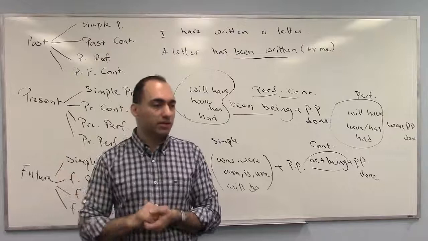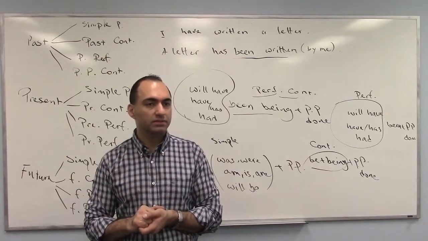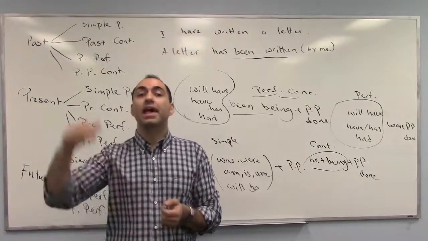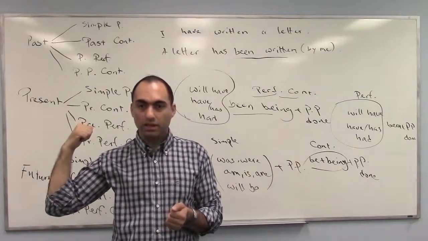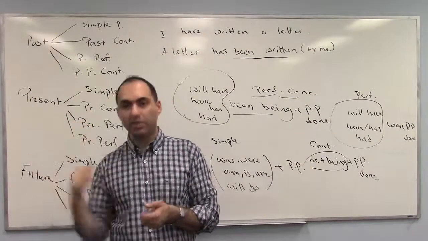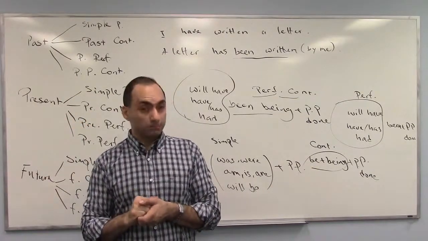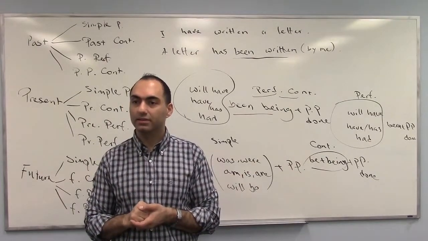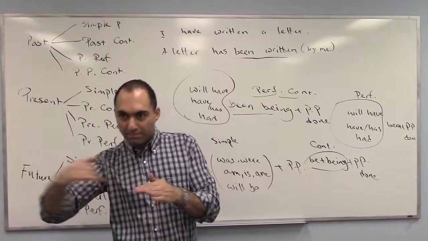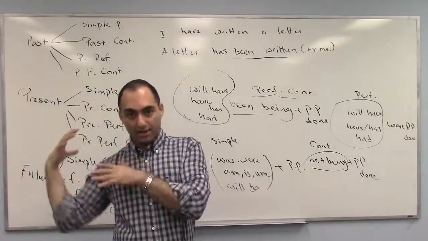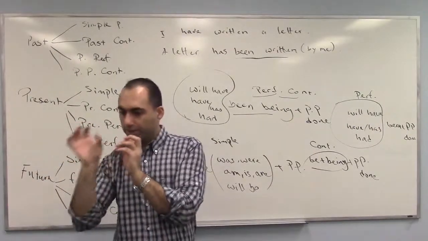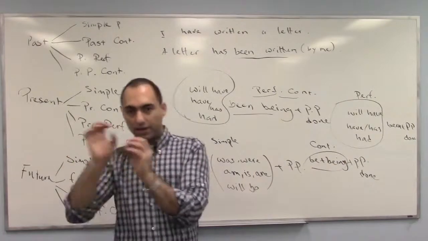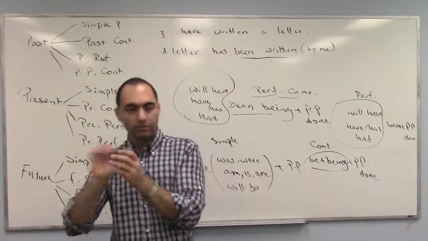I had written a letter. A letter had been written. So, I had been writing a letter. A letter had been being written. Been being, because been, being. Perfect, continuous, perfect.